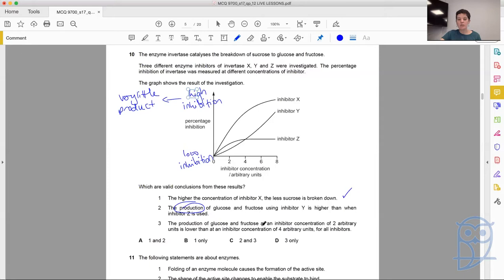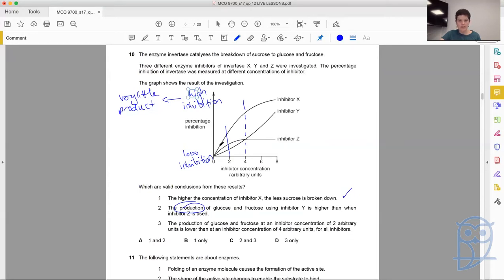Production of glucose and fructose at an inhibitor concentration of 2 arbitrary units is lower than at an inhibitor concentration of 4 arbitrary units for all inhibitors. Okay, let's break it down. Production of glucose and fructose at an inhibitor concentration of 2 is lower than at an inhibitor concentration of 4 for all inhibitors.